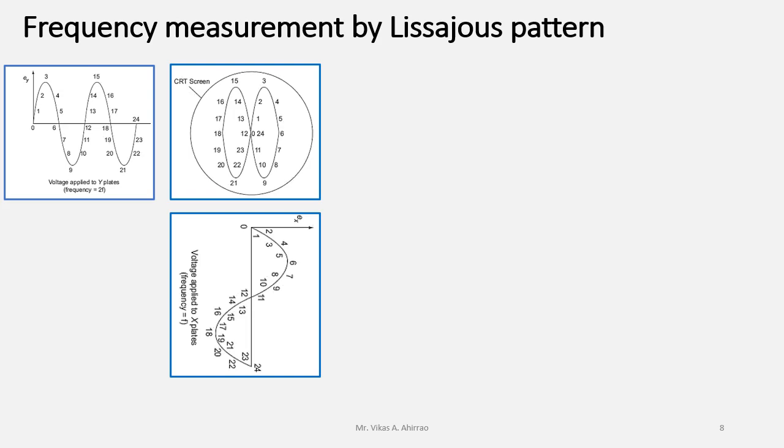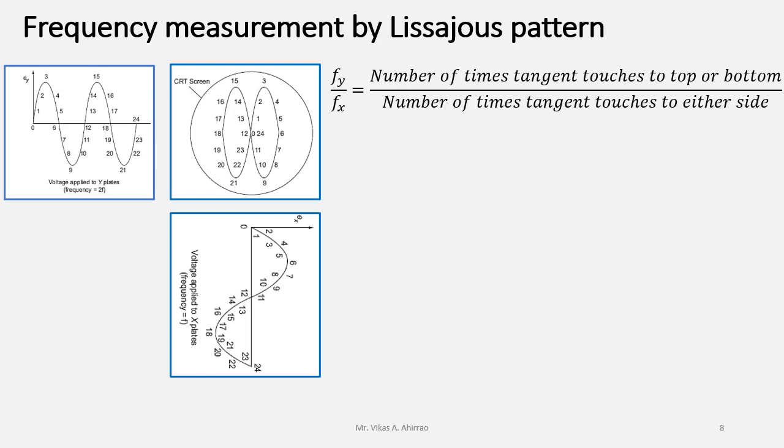Then, with the help of a simple equation, the ratio of unknown to known frequency is equal to the number of times the tangent touches the top or bottom, that is a horizontal tangent, upon the number of times the tangent touches either of the sides, either the left side or the right side, that is a vertical tangent.